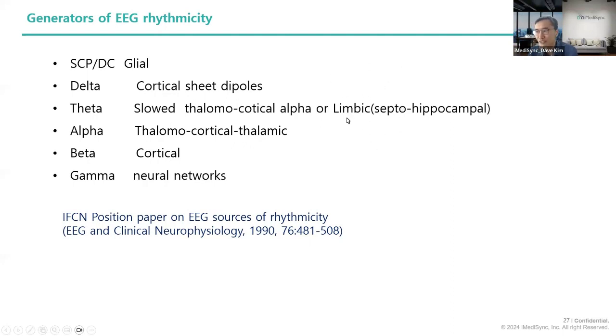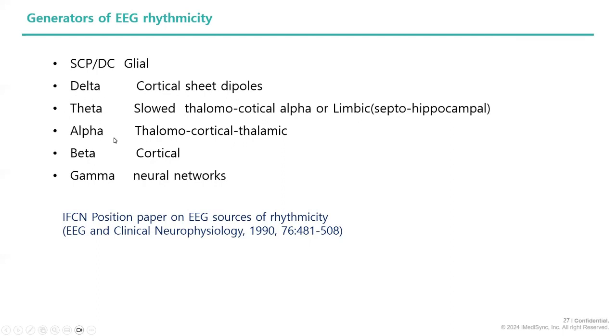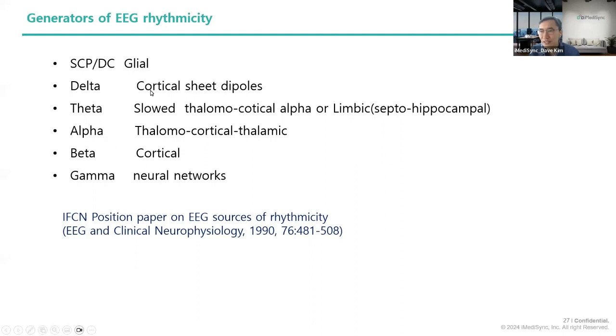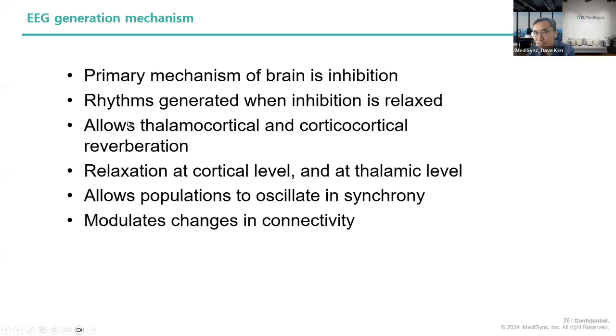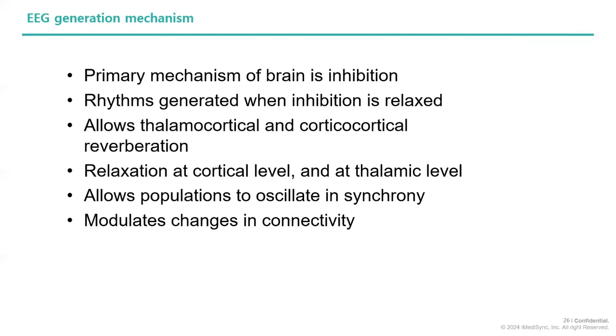This long distance limbic circuit makes a theta rhythm, and the thalamocorticothalamic loop makes alpha rhythm, and the cortical dipole makes a delta rhythm, and a more closed network makes a beta or gamma rhythm. That's the generation mechanism of the EEG. And you need to understand that the basic primary brain mechanism is inhibition mediated by GABA.